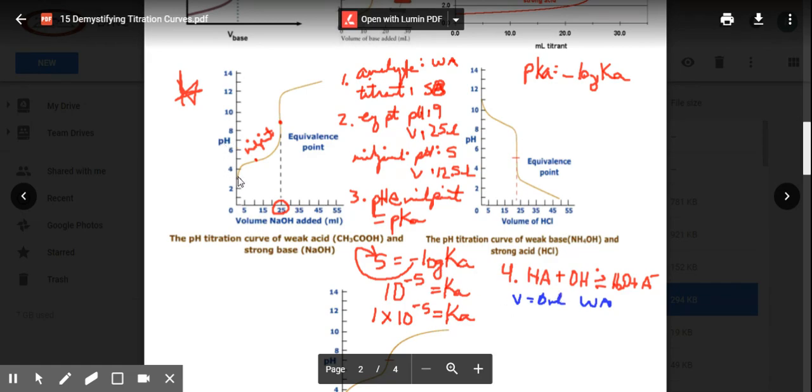But once I put one single drop of the titrant in here, notice how your pH is not really changing that drastically. This is something new I have to introduce, but we're going to get deep into it.